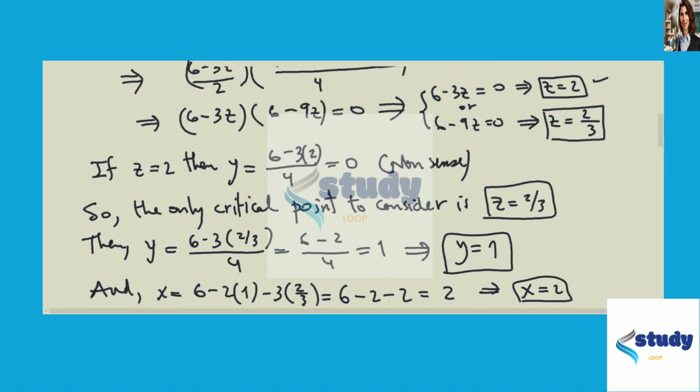Maybe I said something that is not correct here in the strict sense, in that I said that the critical point to consider is z equals 2/3. In fact, the critical point has these two coordinates. So the only critical point to consider is the point (1, 2/3) with those two coordinates.